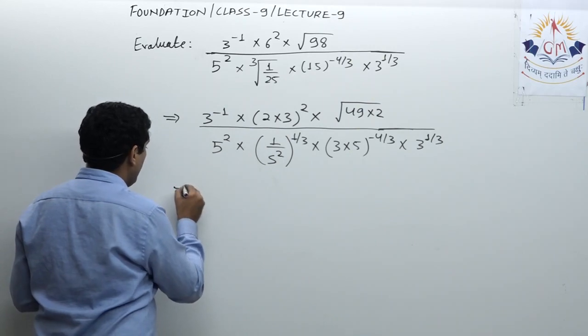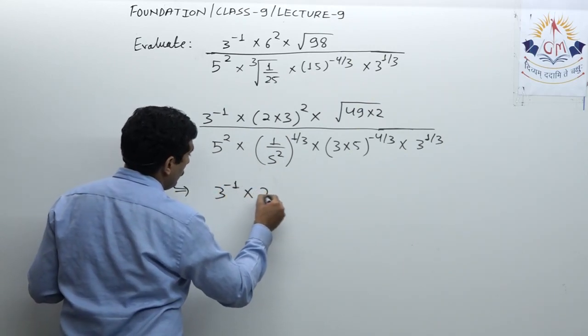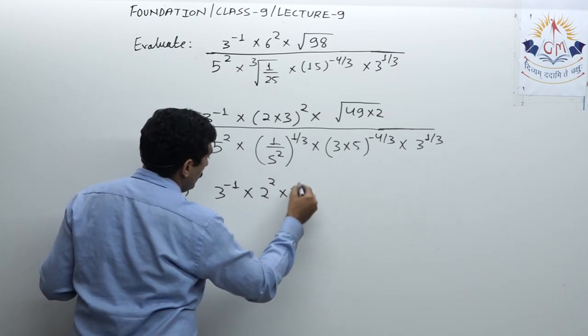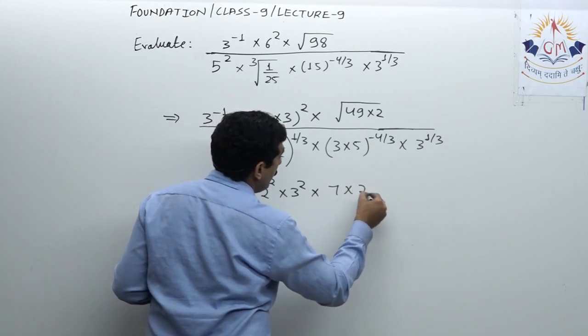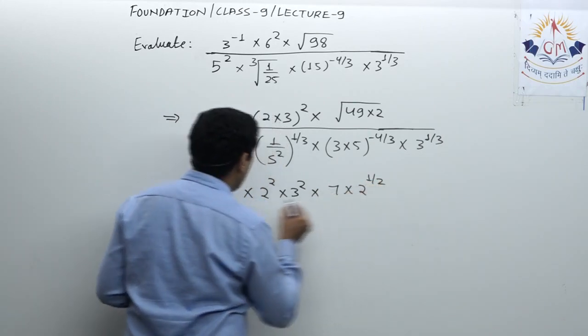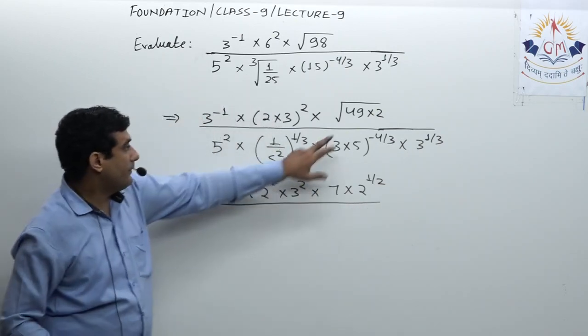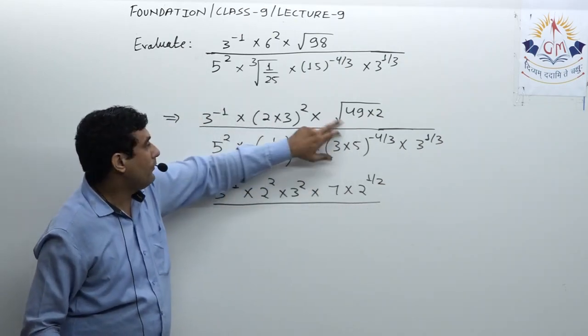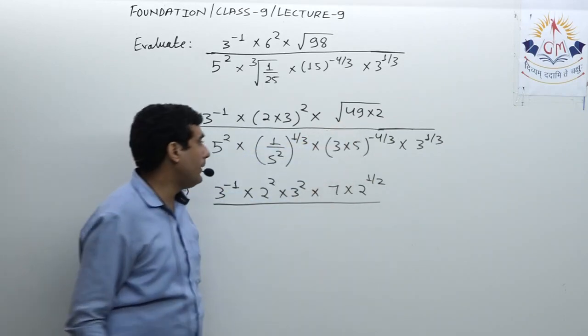Okay, on simplifying it further, it is 3 raised to minus 1. This will become 2 raised to 2, 3 raised to 2 into 7 multiplied by 2 raised to 1 by 2. Okay, the terms which we can find directly root, so I got the root of 49, that is 7, and root 2, that is 2 raised to 1 by 2.